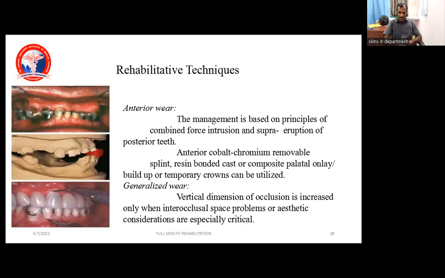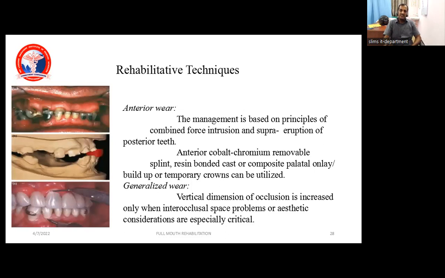If you want to correct the occlusal wear in the anterior teeth, mostly the lower anteriors, your management will be based upon the principles of forced intrusion and supraeruption of your posterior teeth. As I told you, most skeletal deep bite patients will end up with worn out lower anterior teeth.